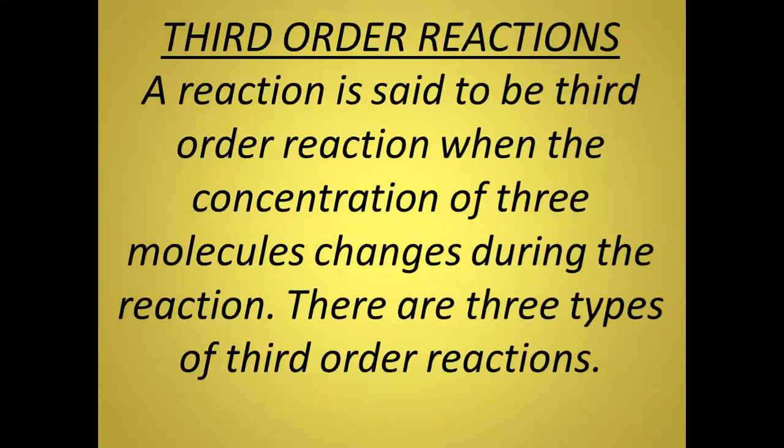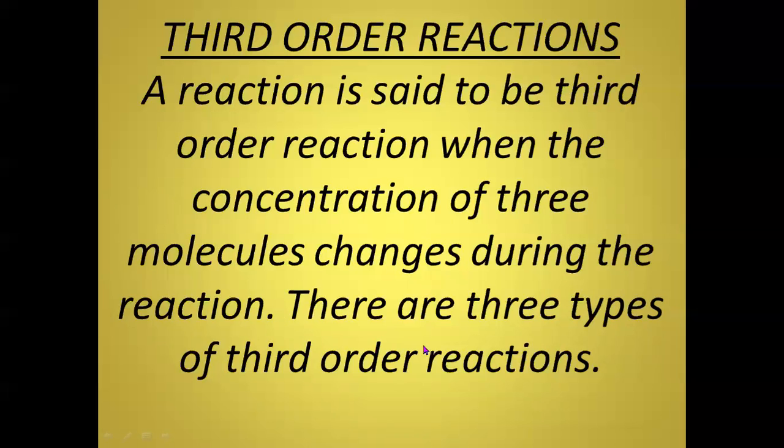So, first we should know what is a third order reaction. A third order reaction is that reaction in which concentration of three molecules changes during the reaction. These three molecules may be of the same reactant or of three different reactants, or whatever be the case, which we will discuss now with examples.